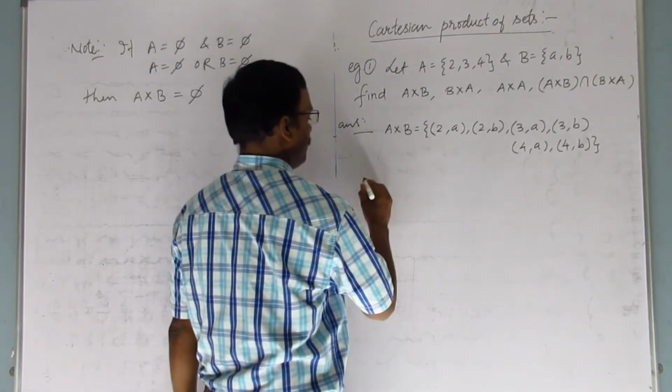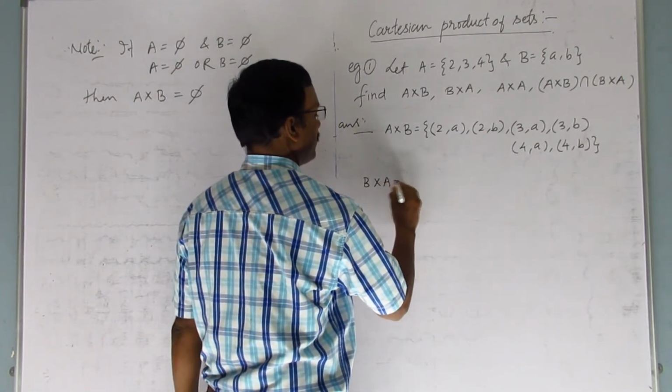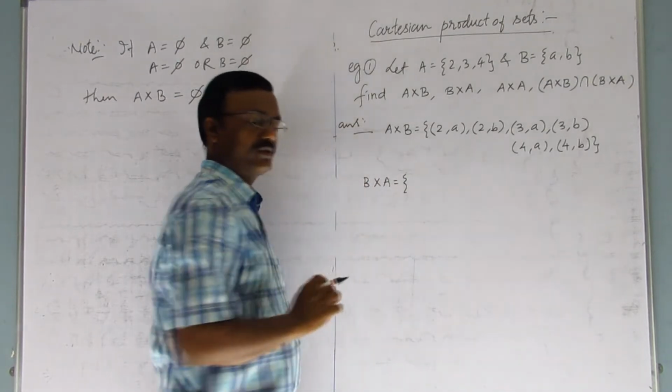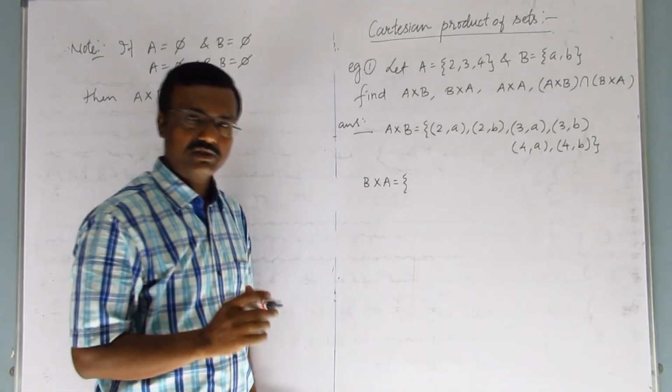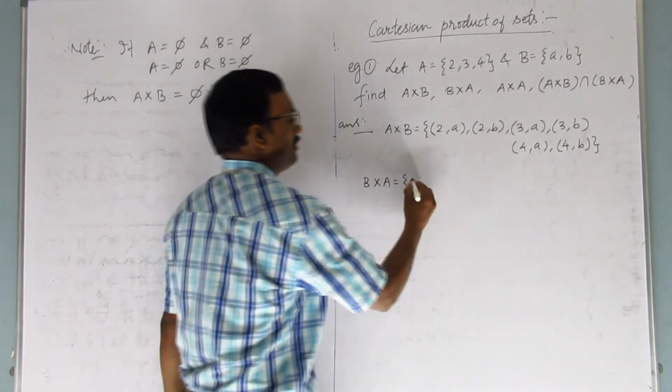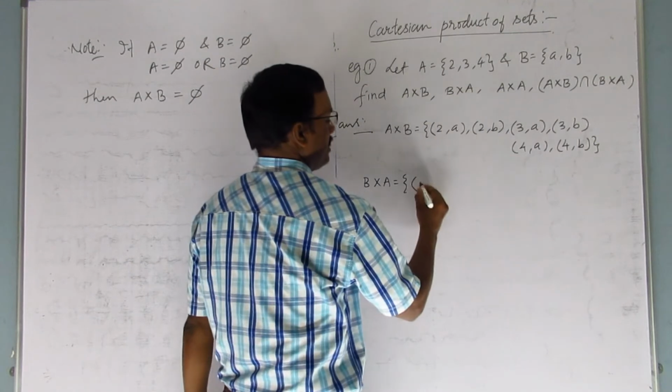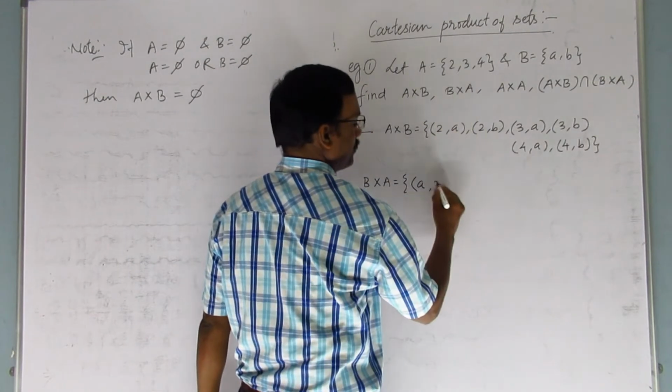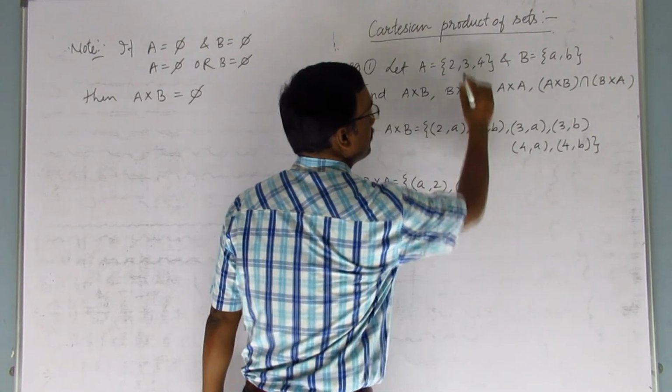Second one, B cross A. Now while writing B cross A, we have to put the elements from B first and then the elements of A. So b means (a, 2), then (a, 3).